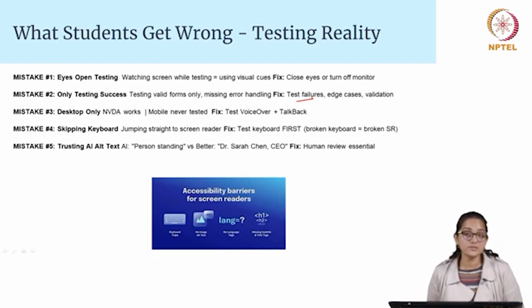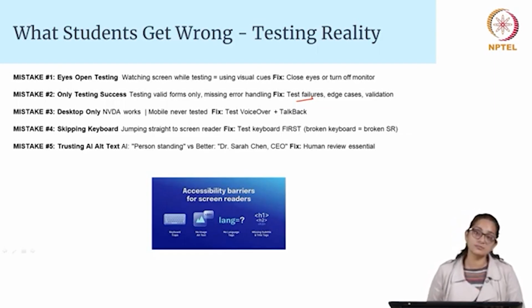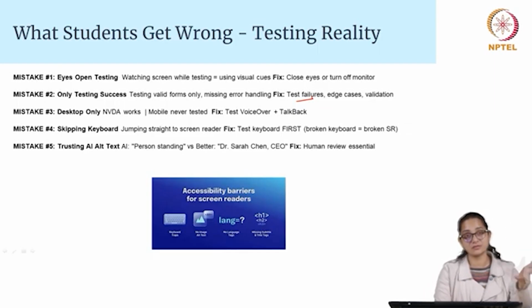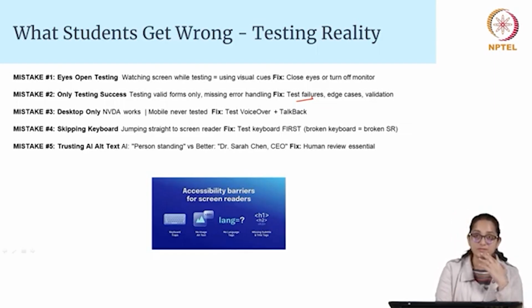Then the fifth mistake can be trusting AI alt text, right? AI is gaining a lot of popularity in terms of generating descriptive alt text. But the context-dependent description that we spoke about in one of the previous slides, whether it is a blog, a pet adoption website, or a pet toy website, the description just might change.